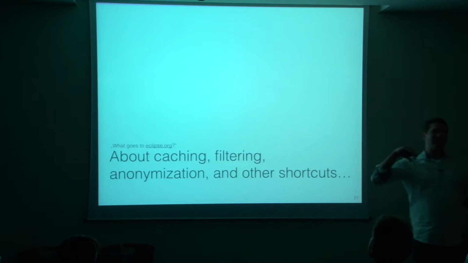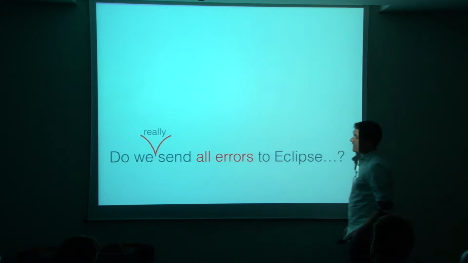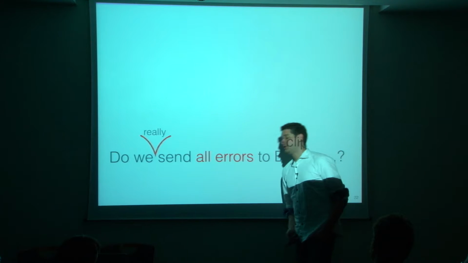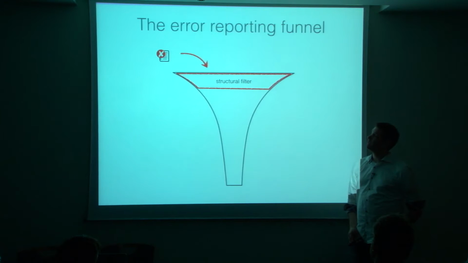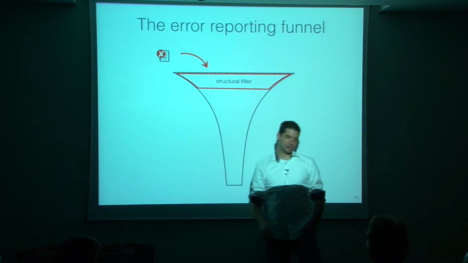Let me go a little bit deeper into the details of the system. So what is actually sent to eclipse.org? Or do we actually send all errors to eclipse.org? Of course, the answer is no. There are many different levels of filtering involved. The first one is what we call a structural filter.